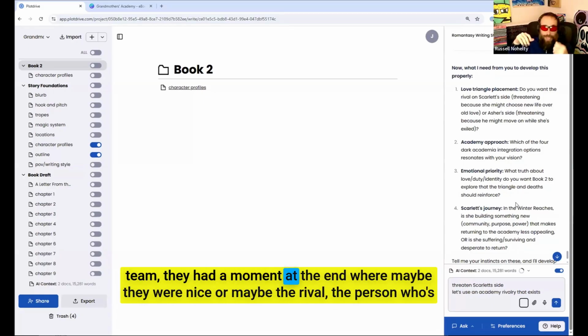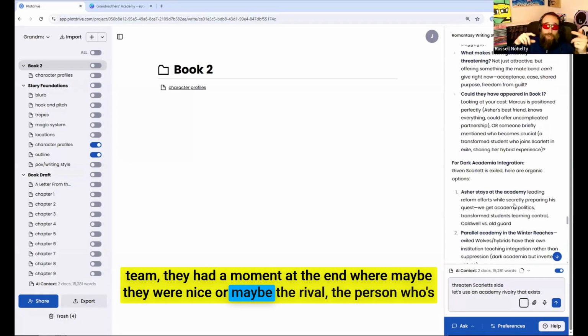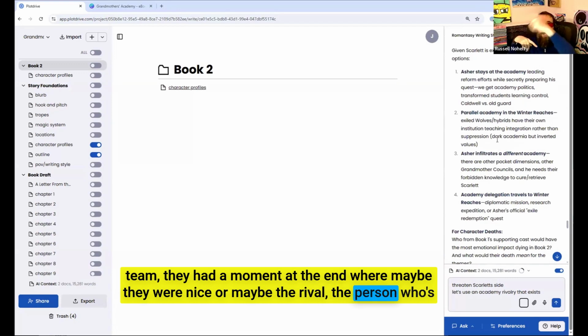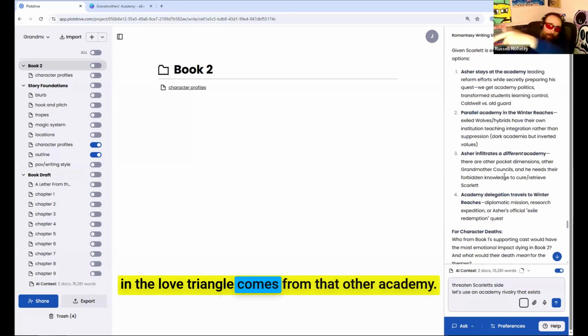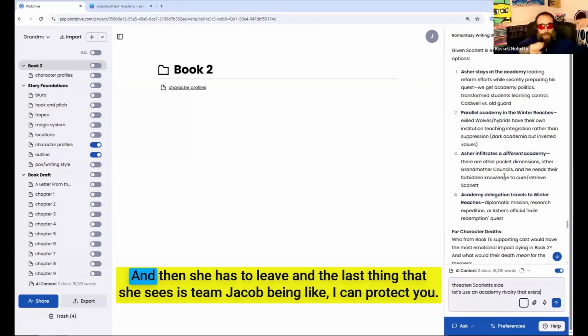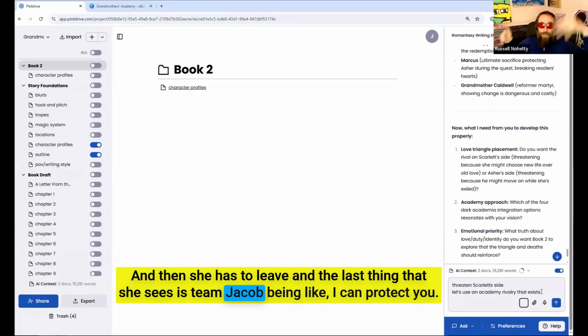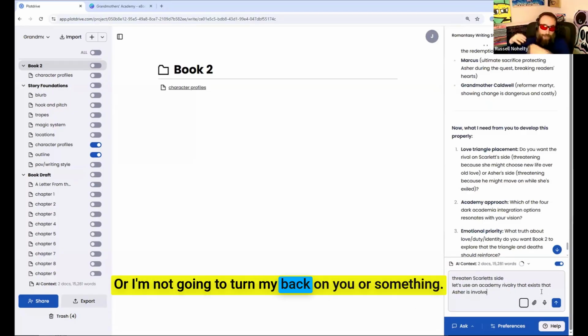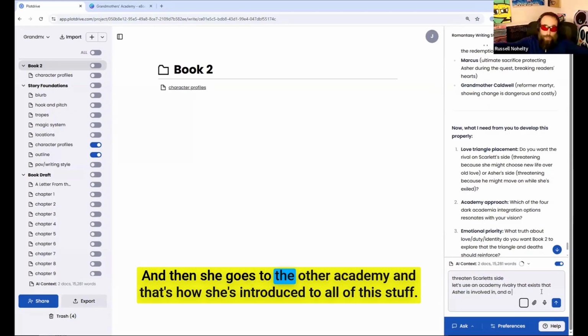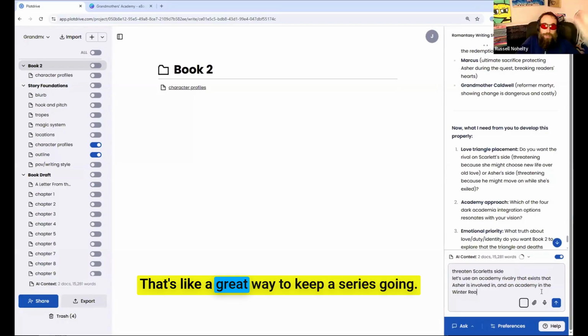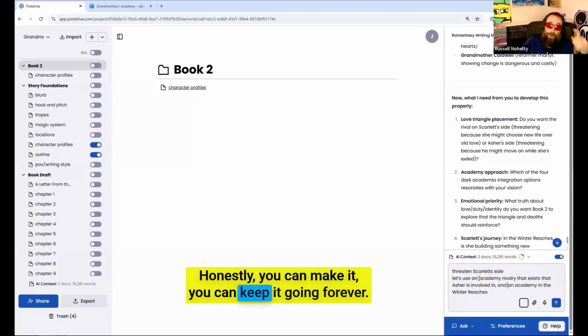They had a moment at the end where maybe they were nice, or maybe the person in the love triangle comes from that other academy, and then she has to leave. The last thing she sees is Team Jacob saying, I can protect you, or I'm not going to turn my back on you. And then she goes to the other academy, and that's how she's introduced to all of this stuff. That's a great way to keep a series going. Honestly, you can keep it going forever.